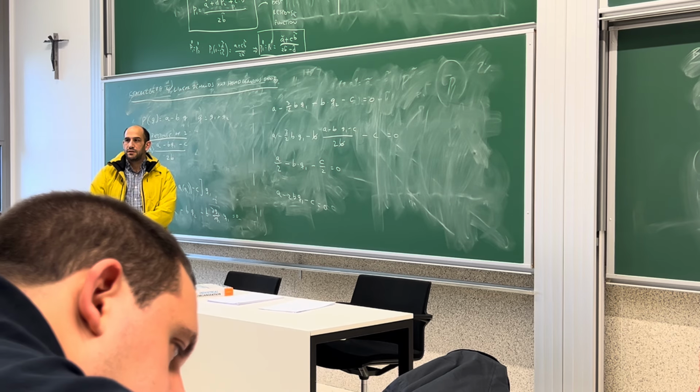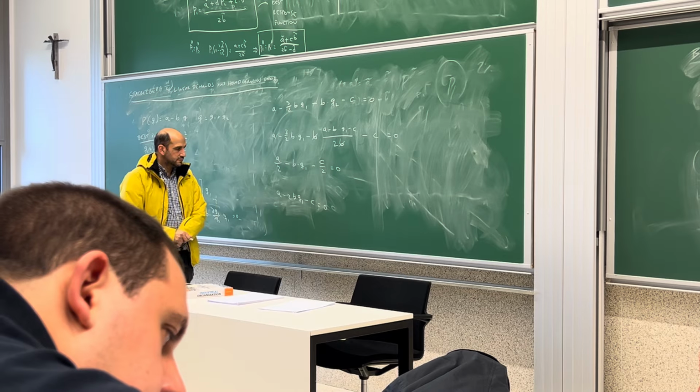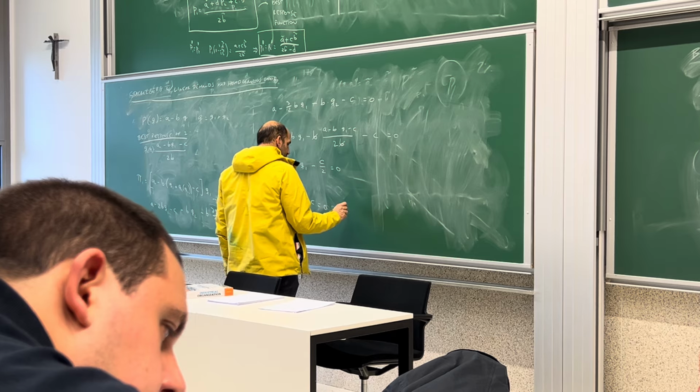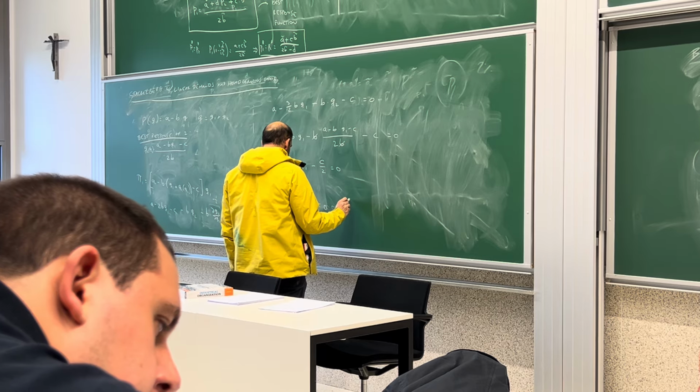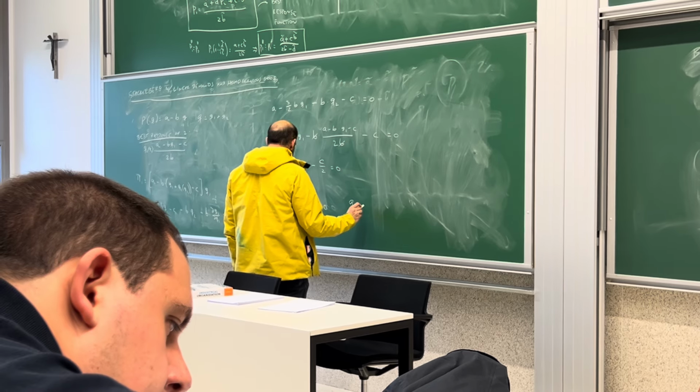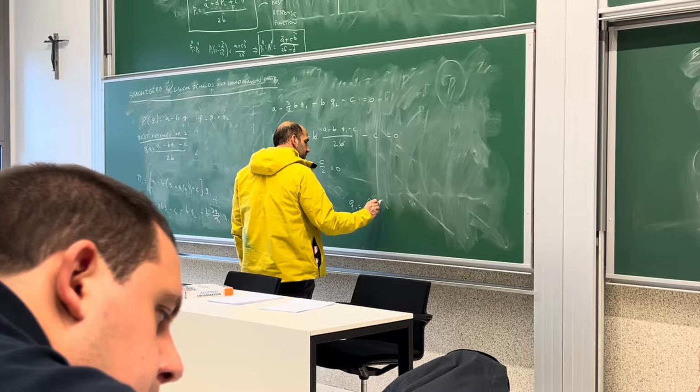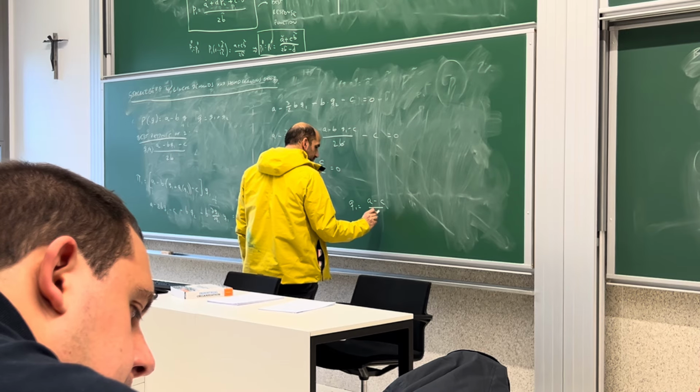Okay? And therefore, Q1 is equal to A minus C over 2B.